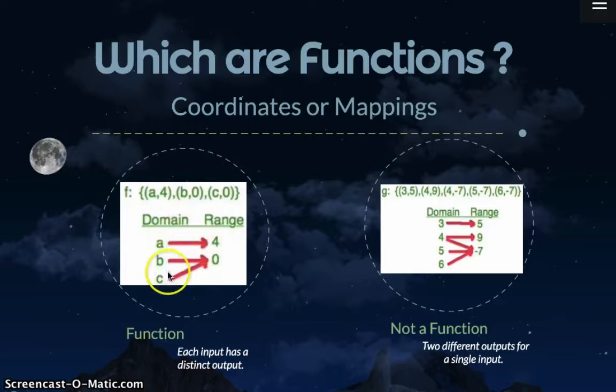A, b, and c, the values of x are different, the inputs are different, and outputs, well, outputs, you don't care if they're the same or different. It's the inputs that matter, that tell you if it's a function. Because you notice over here, there's 4, 9, 4, negative 7. Both of those are not functions because their inputs repeat with different outputs, 9 and negative 7. Same with that mapping.